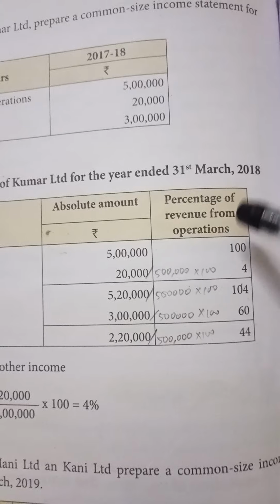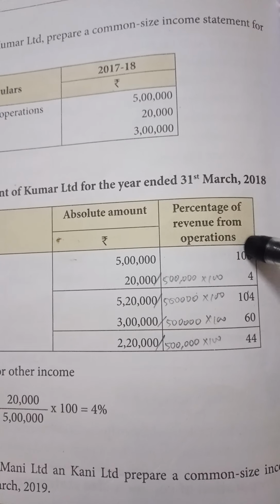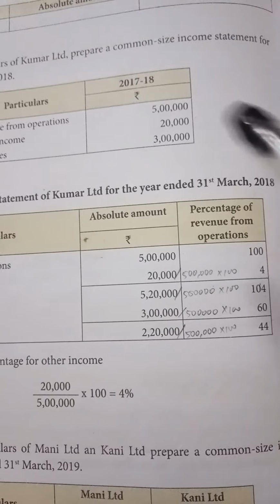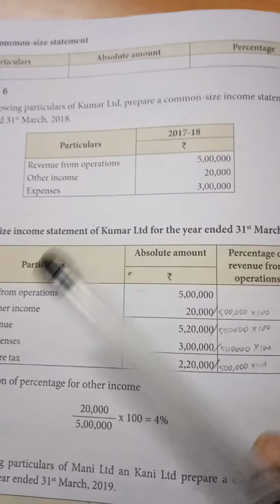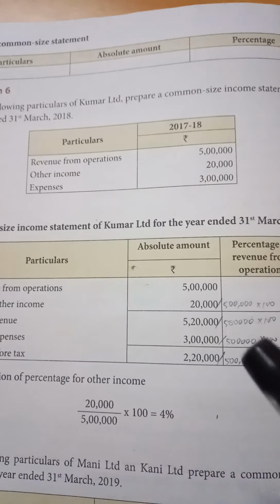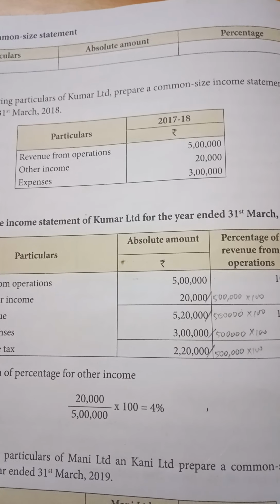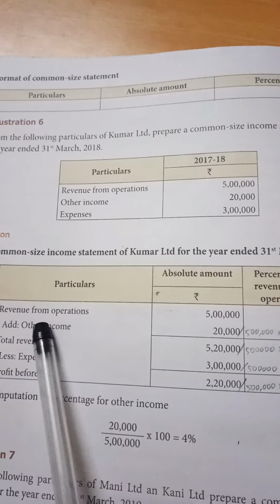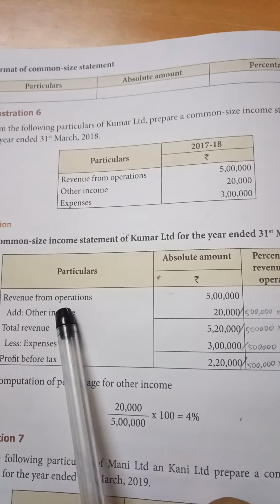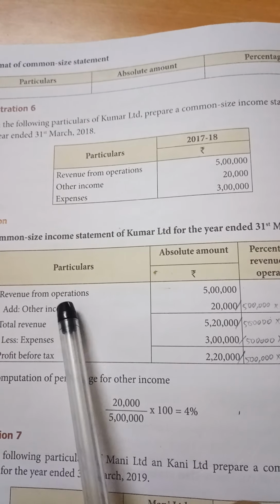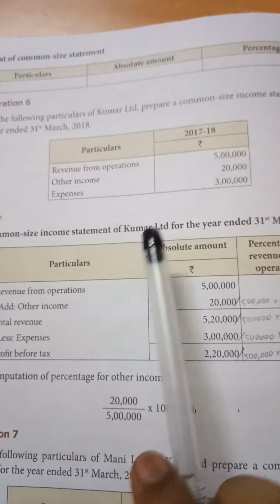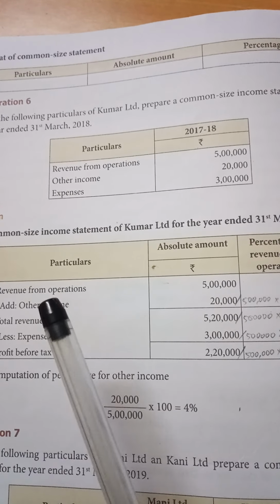So now how we have to calculate the percentage is, as I said, while preparing the common size statement, a common base value has to be fixed. So normally revenue from operations will be the common base value for the income statement, and if it is balance sheet, either your total assets or liabilities.